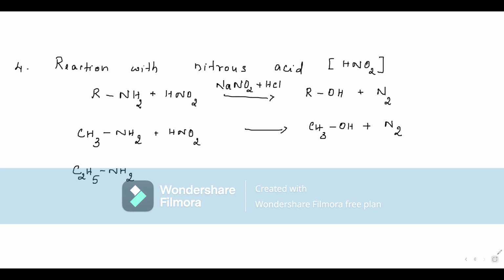Okay, now the last part that we are going to study today is a test for all the 3 types of amines. The one and only test that is mentioned in the syllabus is Hinsberg's test.